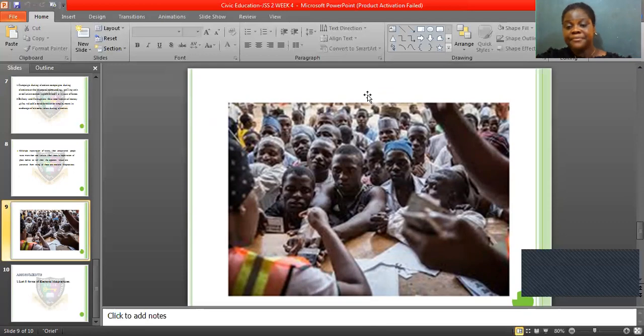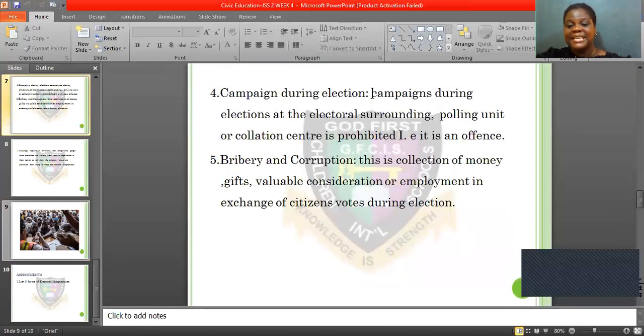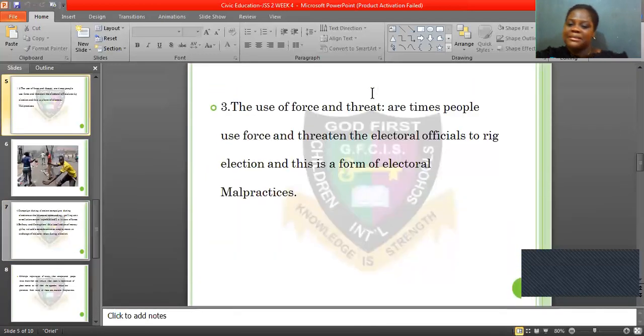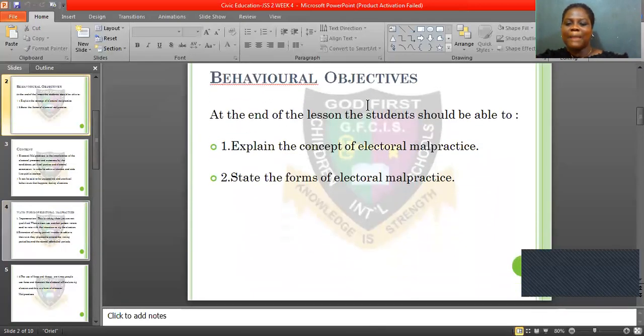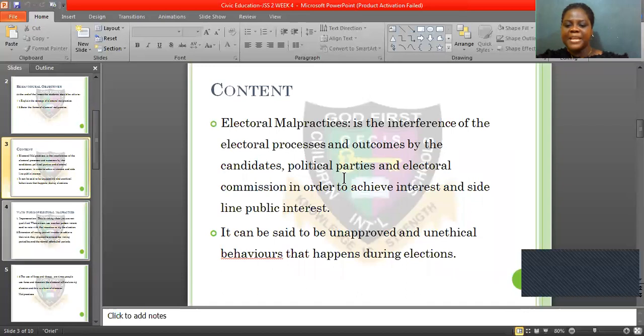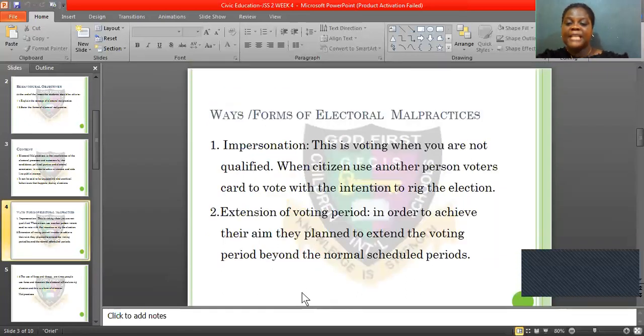So today, we have treated electoral malpractice, to see it as unapproved behavior during the election, and the ways of electoral malpractice. It can be through impersonation, it can be through extension of voting.